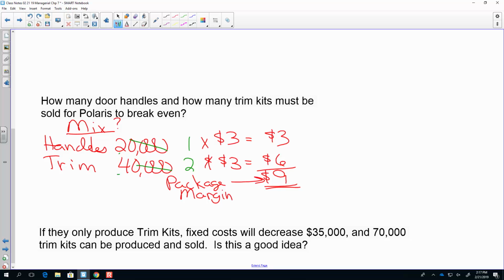I'm going to keep going right. Now my break-even packages is my next computation. We're going to take our fixed cost. Fixed cost is how much? $146,000.